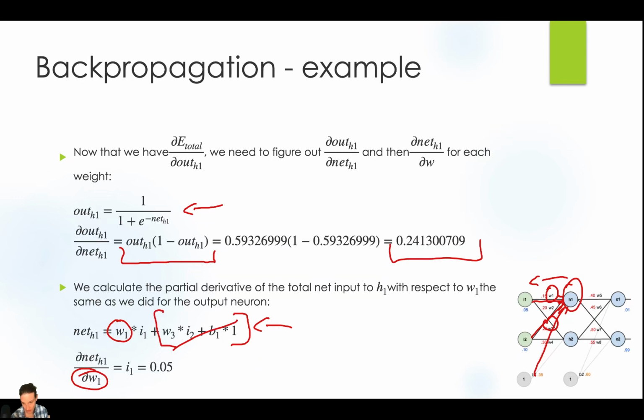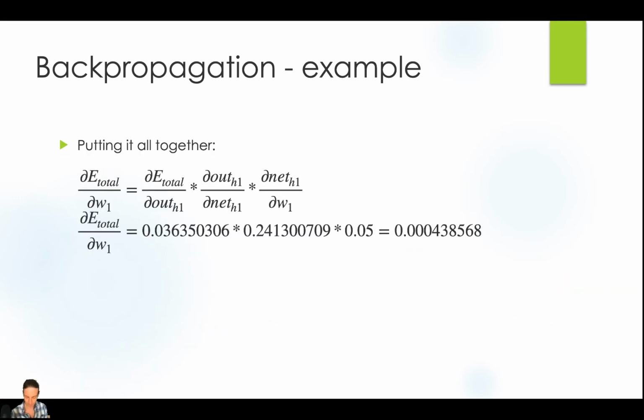This is W1, whose partial derivative is 1, and this is considered a constant in the multiplication, meaning I1 is all that's left. We fill that in. I1 is 0.05.